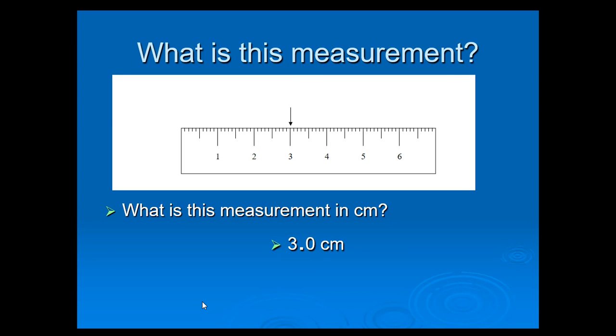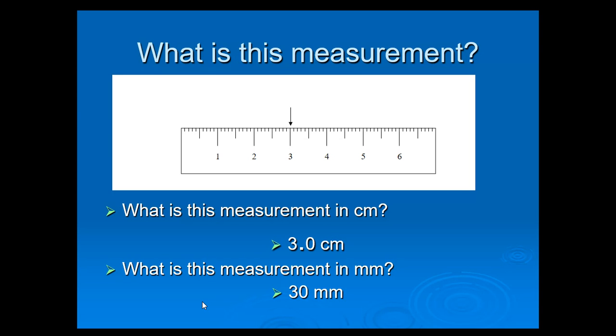Did you get 3.0 centimeters? If you did, good job. Now, this, I think, is the part that confuses people sometimes. Let's turn this into millimeters. How would we write this in millimeters? All right, did you get 30 millimeters? If so, good job. Remember, the decimal point moved back to the 1 spot.